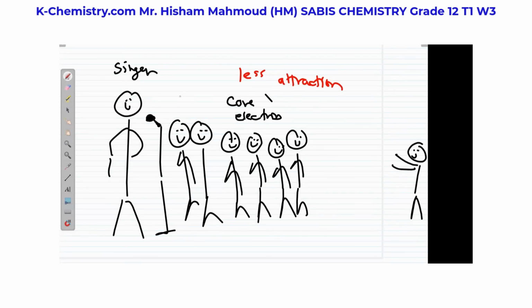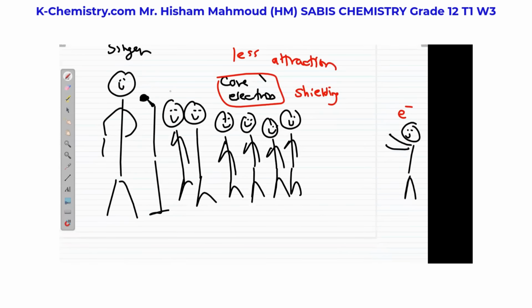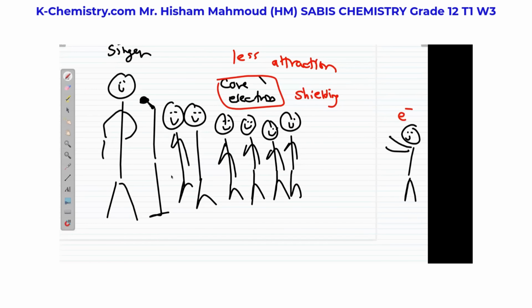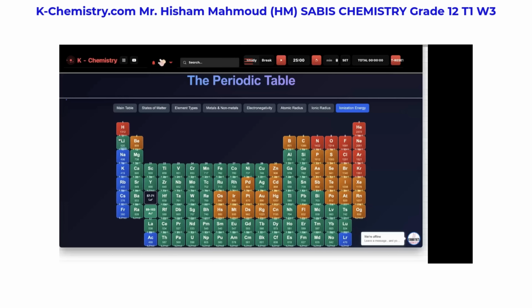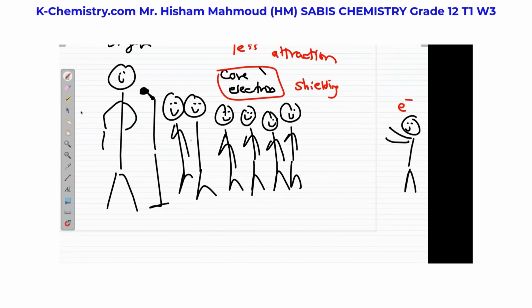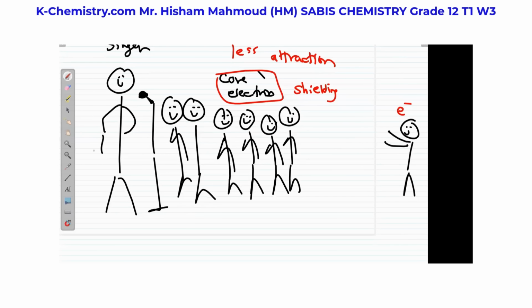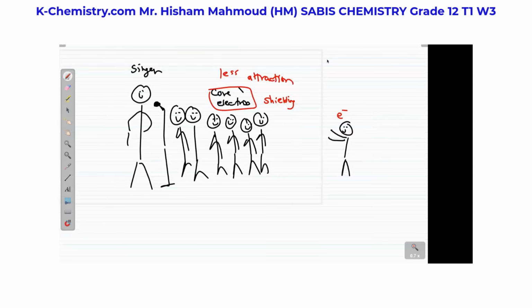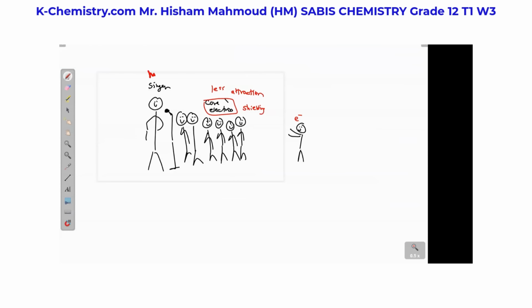So the electron here is sitting and these core electrons are in between doing shielding. What if I am not in a group which is down, but at the top? Let's look at lithium. The distance between the lithium electron and the nucleus is very small.